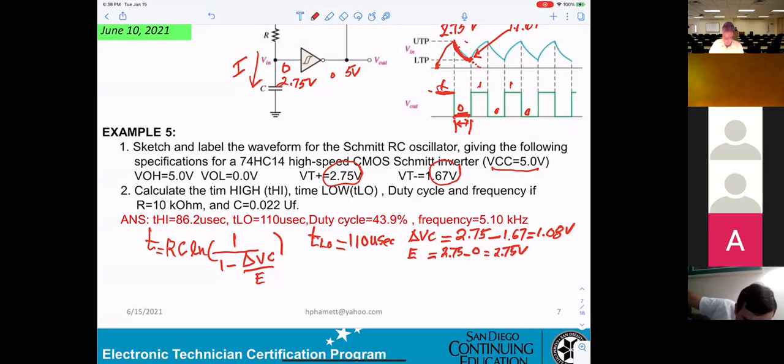As far as T high, if T high is 86.2 microseconds and T low is 110 microseconds, what does that tell us about this circuit? As far as the time or frequency goes, what does this tell us?